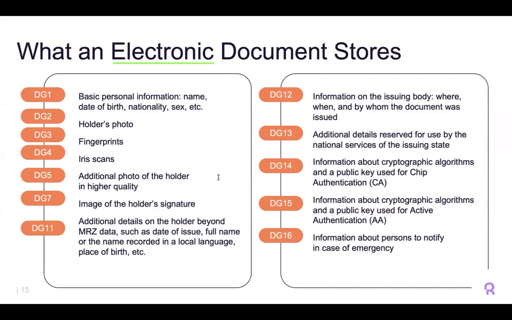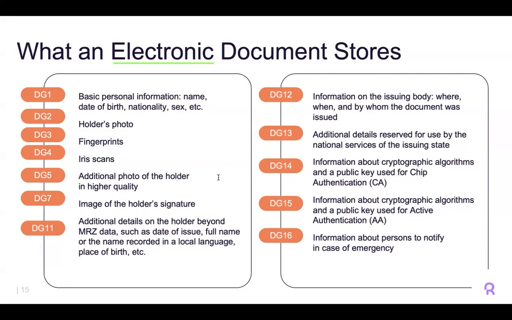Then there is biometric information, cryptographic algorithms, and the keys used for chip or active authentication, and other service data groups that are contained inside the RFID chip. Some data groups are reserved for further standard development.